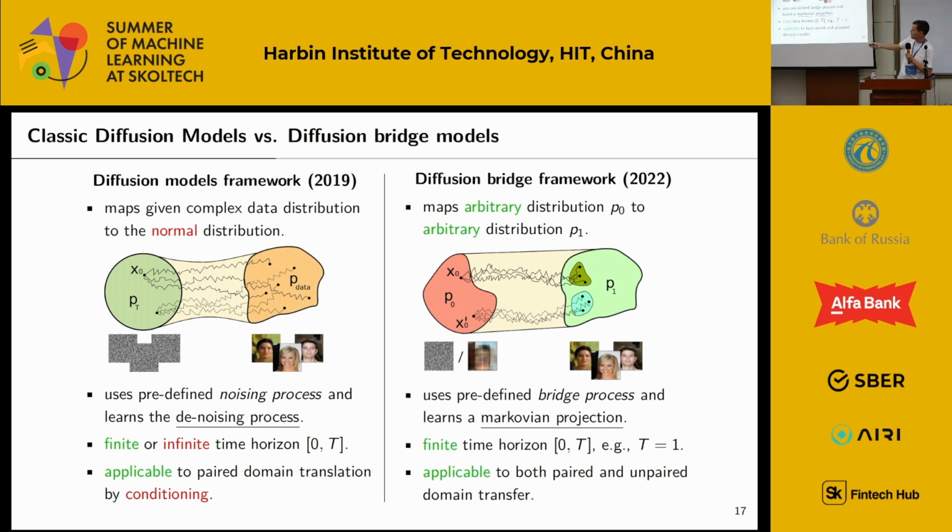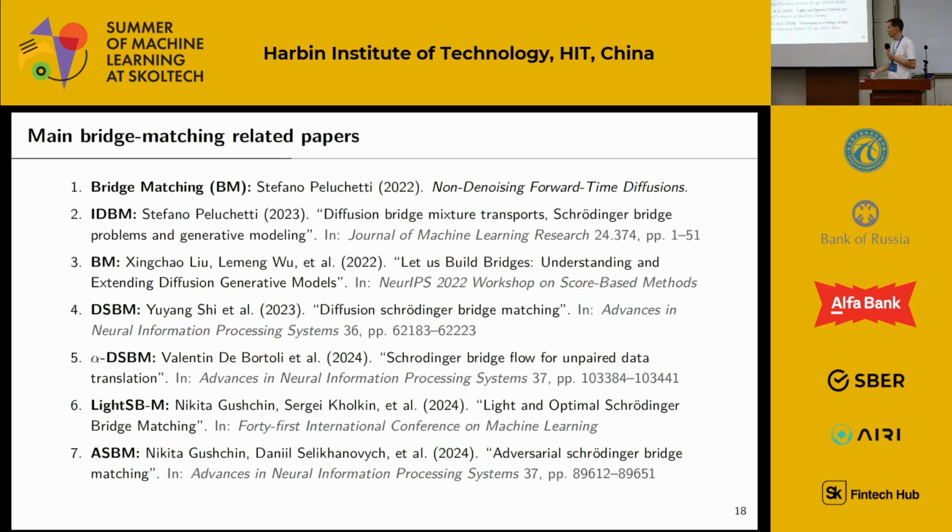In diffusion bridges, the time horizon is always finite, from 0 to T by construction. And compared to diffusion models, diffusion bridges are applicable both to the paired data setting, paired domain translation, and unpaired. We are going to talk today about how to do this.